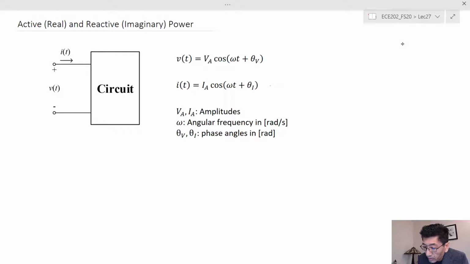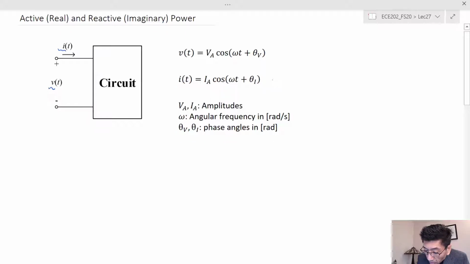So the instantaneous power. By the way, I have the current I and voltage V labeled for this circuit. This circuit could be anything inside, with a source or without a source, it doesn't really matter.